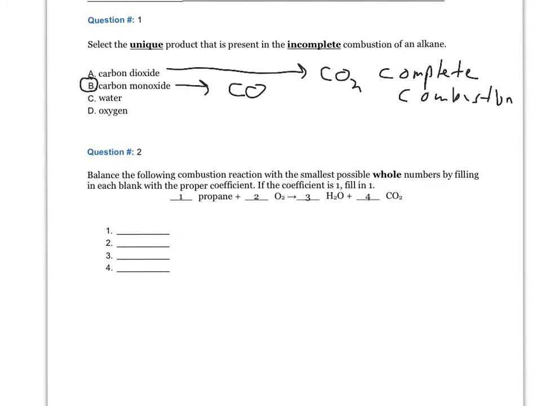Question number 2. Balance the following combustion reaction with the smallest possible whole numbers by filling in each blank with the proper coefficient. The coefficient is 1, fill in 1. So in this problem, propane is C3H8.